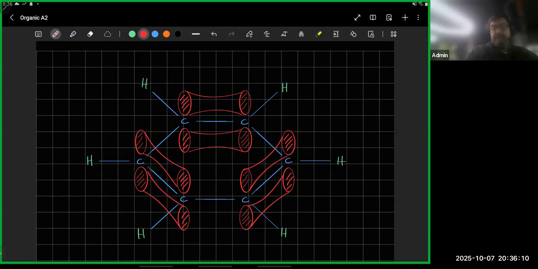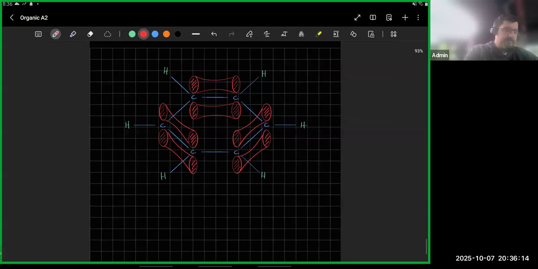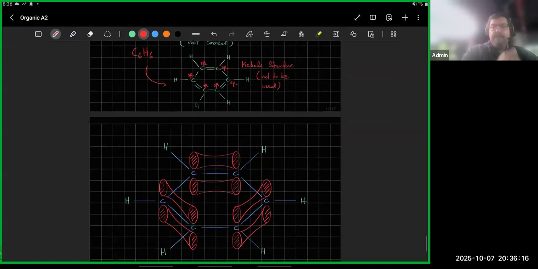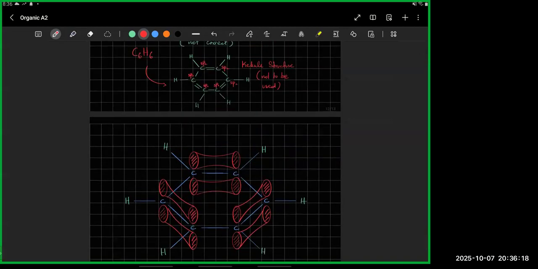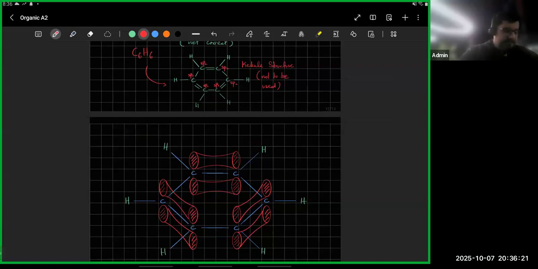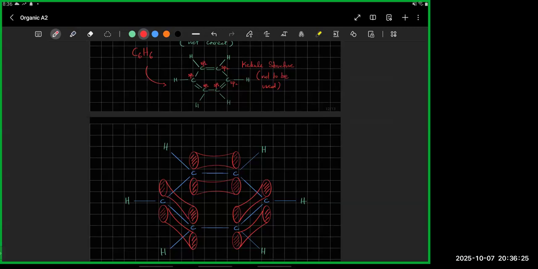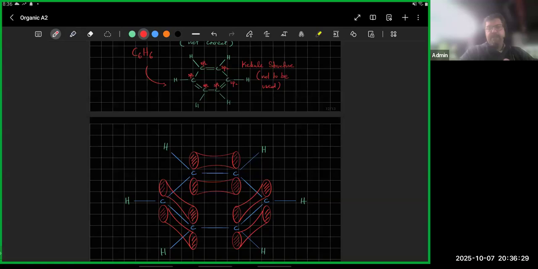So is this clear that you're forming three double bonds? Yes. ठीक है. अच्छा, now the only thing is that it's not going to be three double bonds.